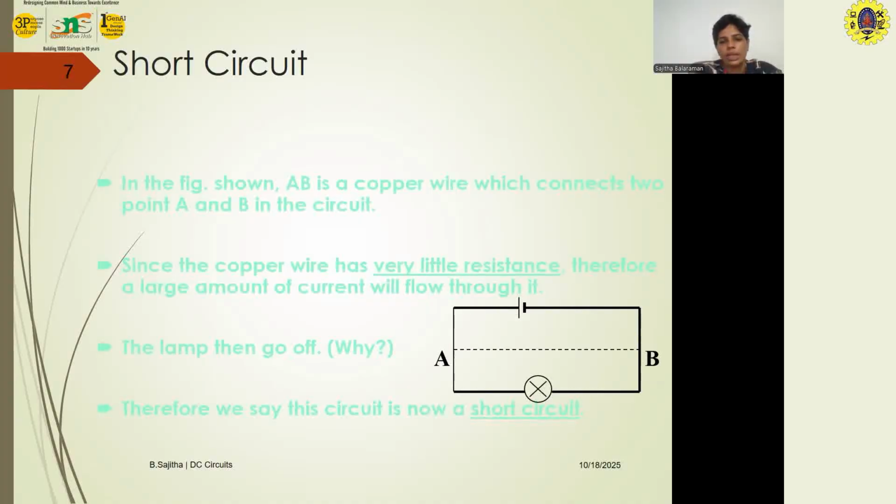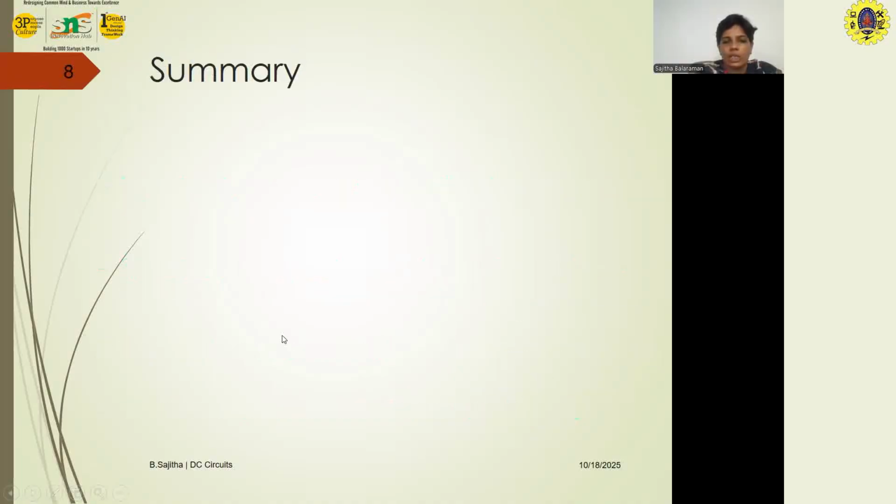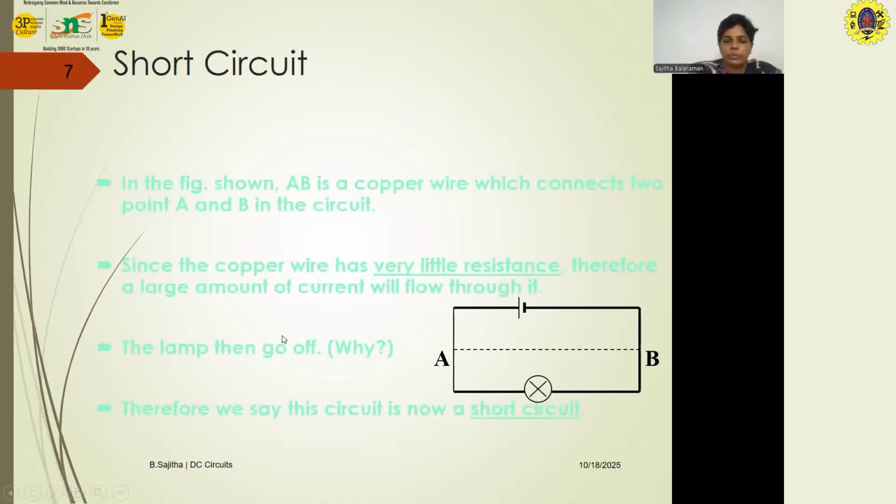I was just telling that AB is a copper wire, and this AB has very little resistance. What happens if a large amount of current flows through it? There, the lamp does not get any supply. Why does this happen? Still, it is connected in parallel only.